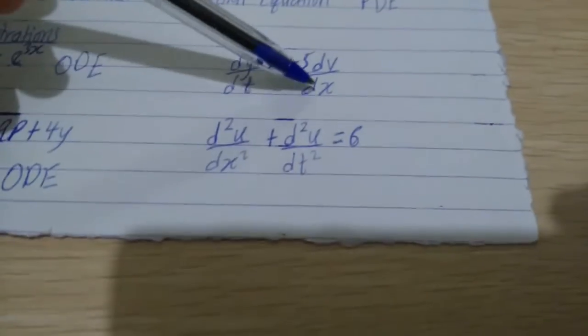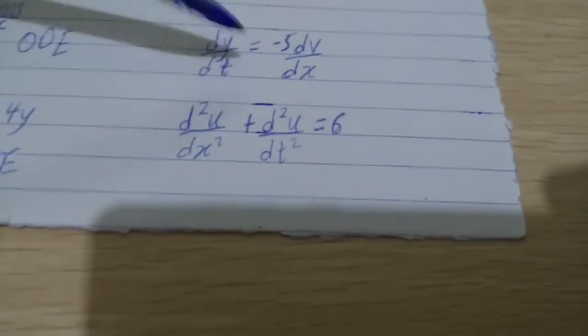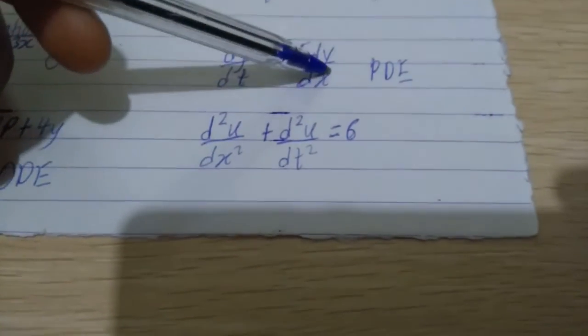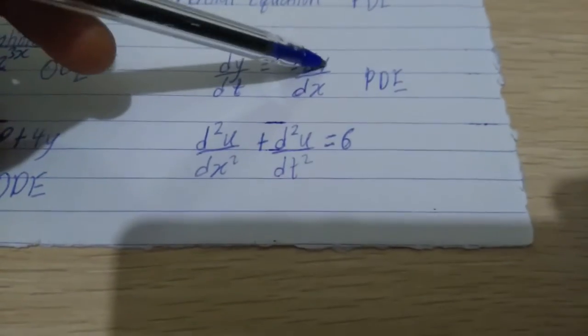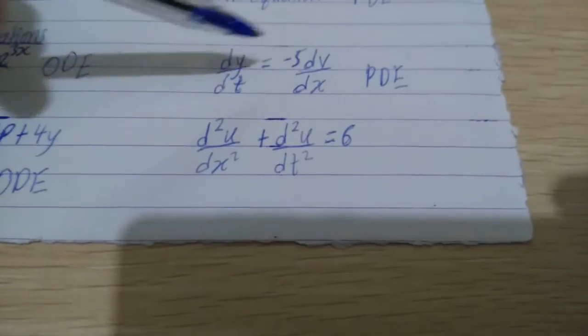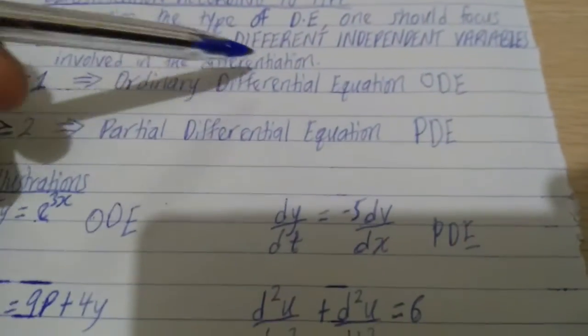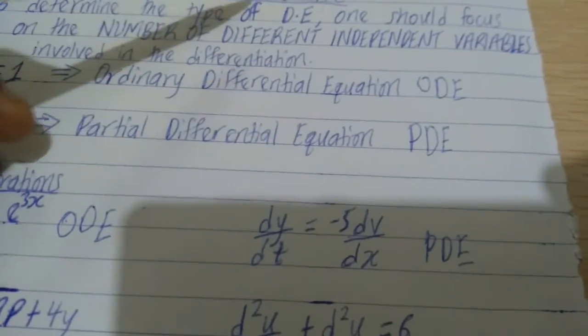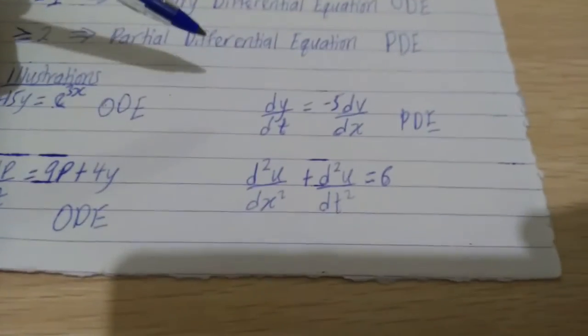They are two different ones, so there's only one conclusion, that this is a PDE. You should take note that irrespective of the number of dependent variables, our focus is mainly, as we stated earlier, on the number of different independent variables. Dependent variables are not our concern over here.